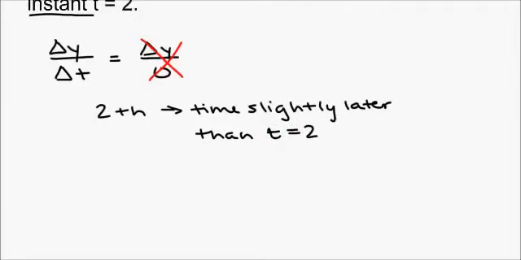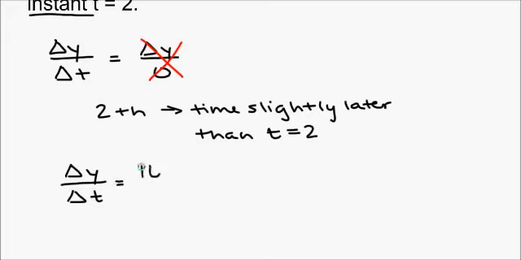And when I say slightly, I mean the very, very least amount of time. So you're adding the smallest possible increment that you can to 2. Therefore, we can just plug this in like we were doing before.